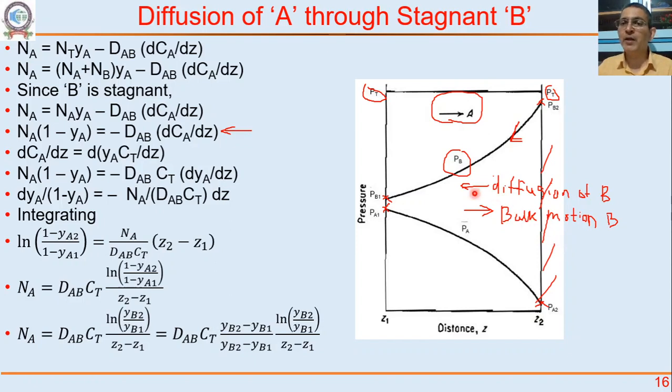Because there is no net consumption of B, these two have to be equal, and that leads to a stagnant B. As if, for an outside observer, B molecules are not moving.